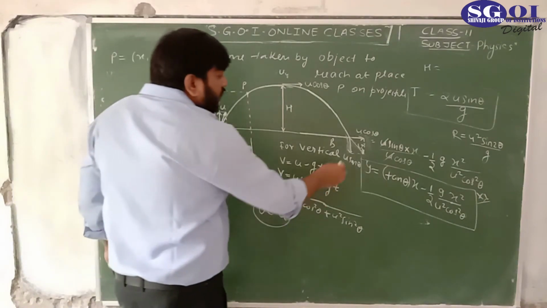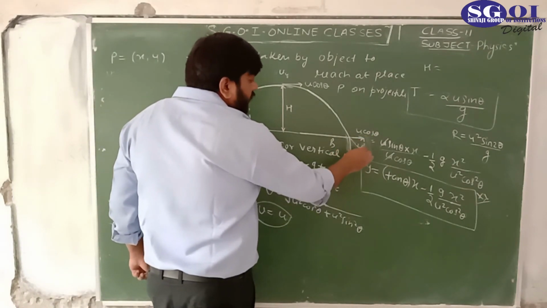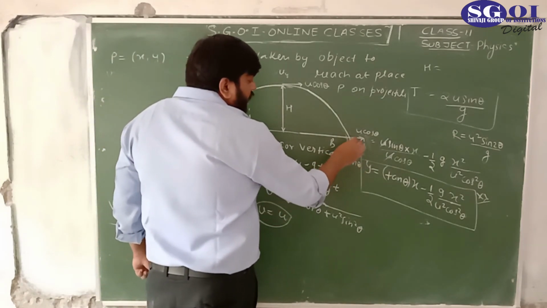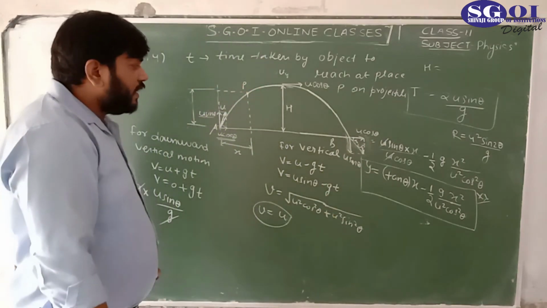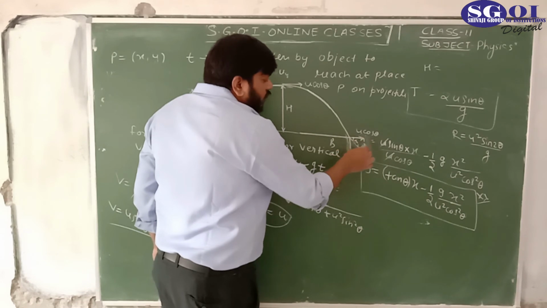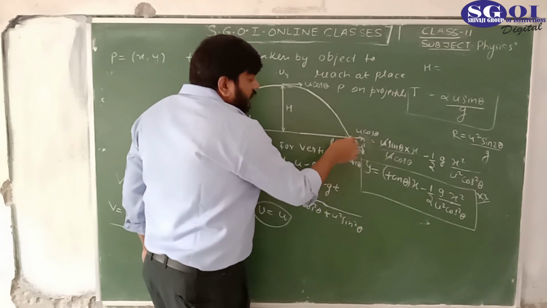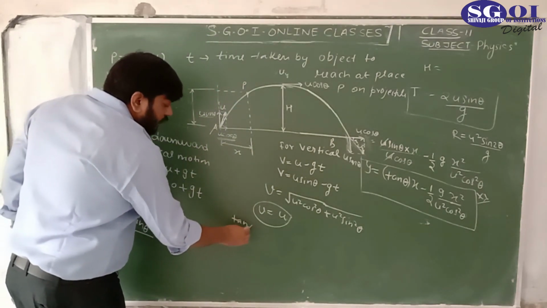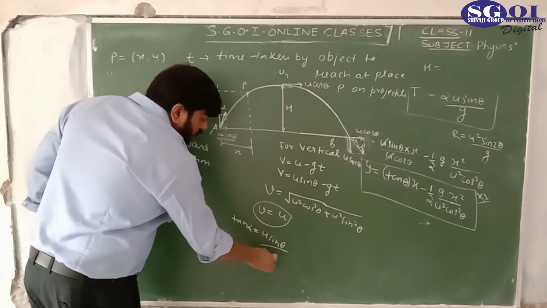And for the angle, if this is u cos theta and this is v, which becomes u in magnitude, and we want to find this angle, let's say alpha, then for this right angle triangle, tan alpha is equal to perpendicular upon base, so u sin theta upon u cos theta.